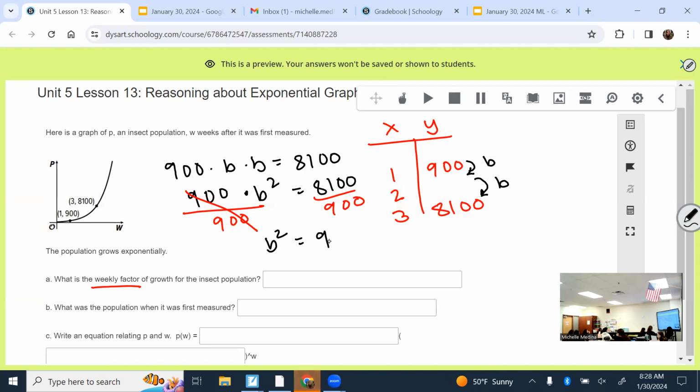And b is not fully isolated. How can I cancel out squaring something? Opposite of squaring something would be to, like, can you tell me what 10 squared is?